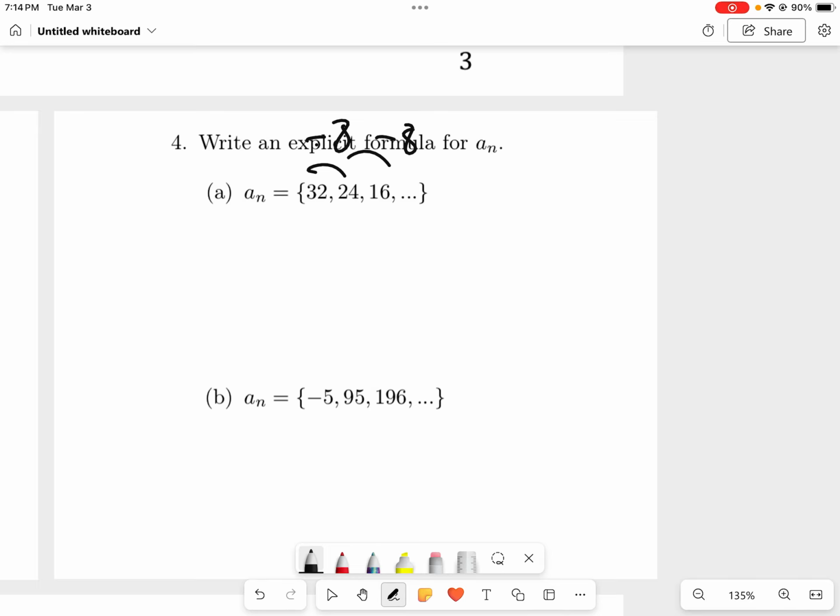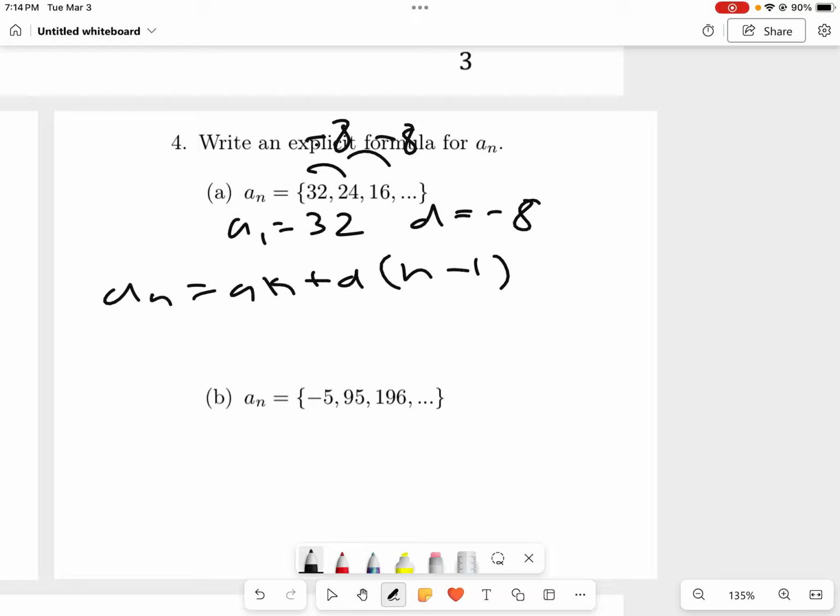Your first term is 32, and your common difference is -8 because we're moving by that. So we can just put a of n is a of k plus d times n minus 1. Plug that in. That's a of n is 32 minus 8 times n minus 1, because it's our first term.